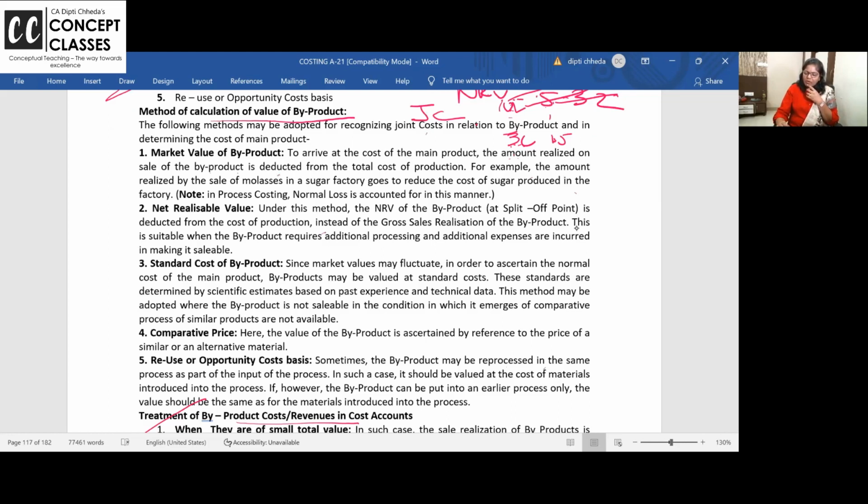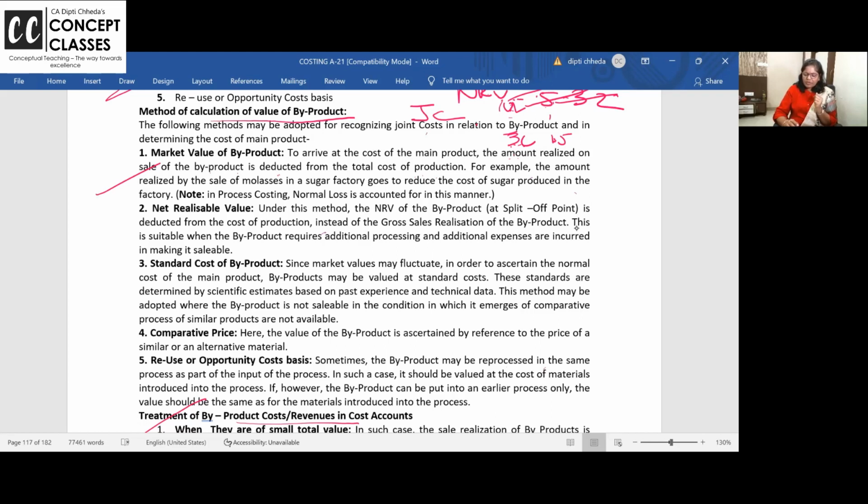To arrive at the cost of the main product, the amount realized on sale of the byproduct is deducted from the cost of production. For example, amount realized from sale of molasses in a sugar factory goes to reduce the cost of sugar produced. The best way is, the byproduct's value, what you get, reduce it from the joint cost.